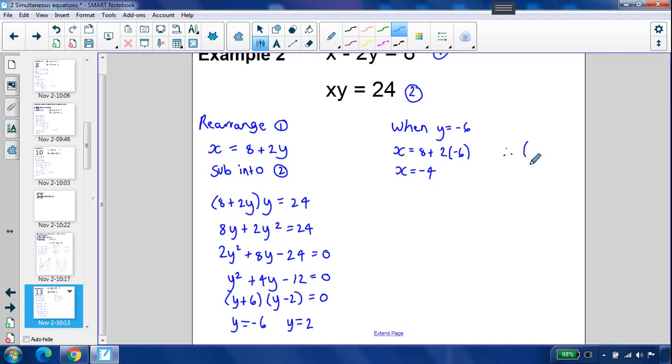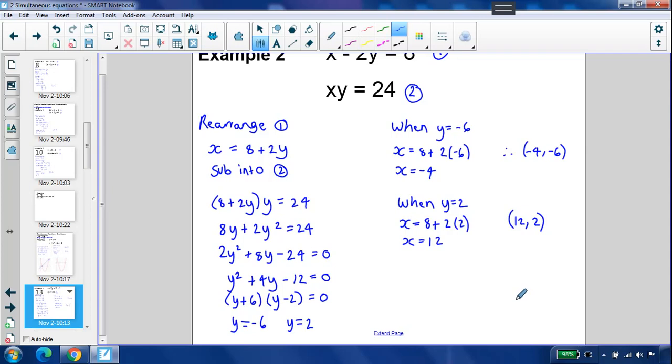So we've got minus 4, minus 6 as one of the coordinates. And then when y is equal to 2, x is equal to 8 plus 2 multiplied by 2, and that is going to be 12. So another coordinate is 12, 2.